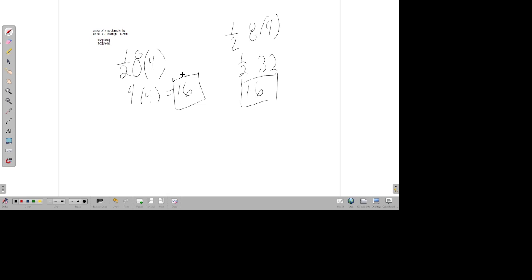With multiplication, specifically with multiplication and addition, it does not matter what order you go in at all.